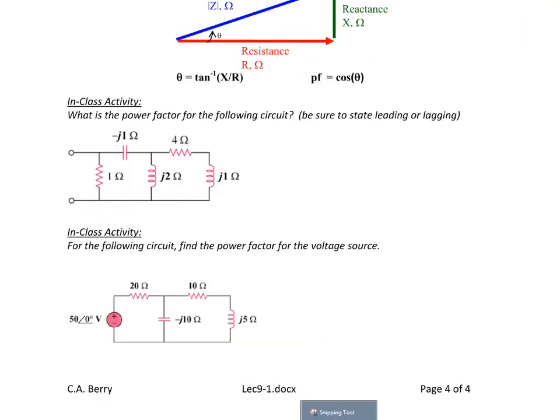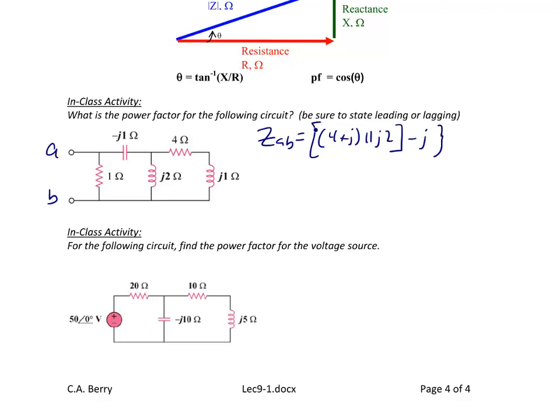So now let's use this concept to determine whether the load shown here has a power factor, what its numeric value is, and whether it's leading or lagging. The first thing we want to do is find the equivalent impedance between terminals A and B. So ZAB would be equal to 4 plus j in parallel with j2, that entire quantity minus j, and all of that in parallel with 1.